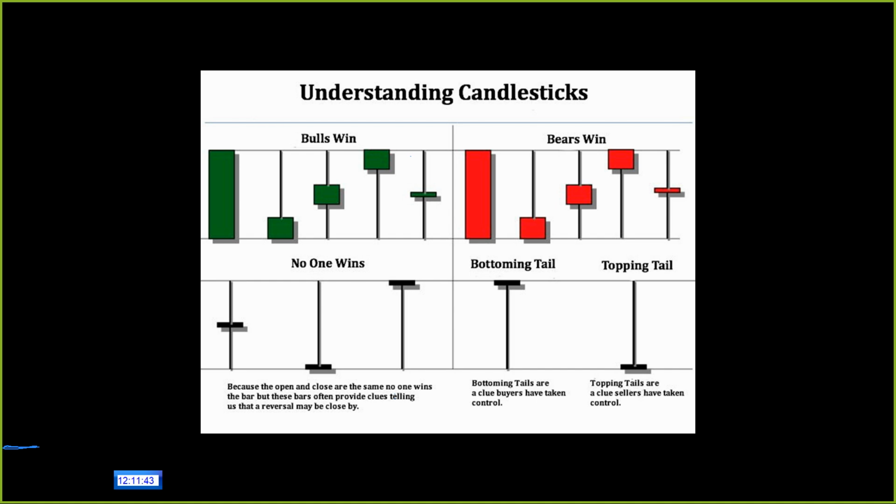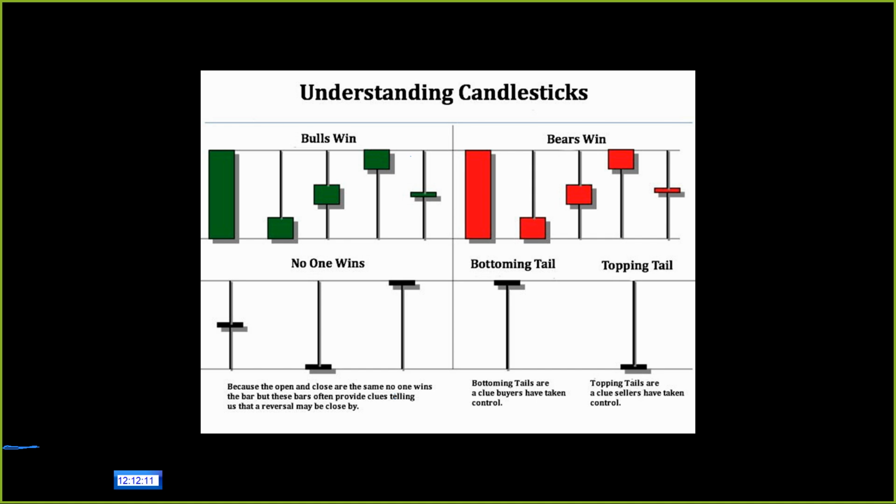Even though you've got this momentum coming back up, there's no guarantee that a stock that ran back home to mama is going to make that move up. I know we look at this as a bottoming tail, and it's telling you that the buyers have taken control.